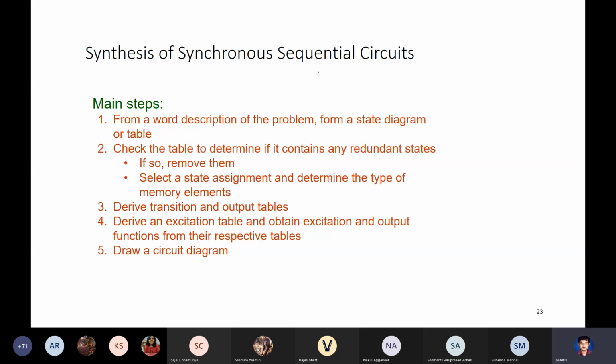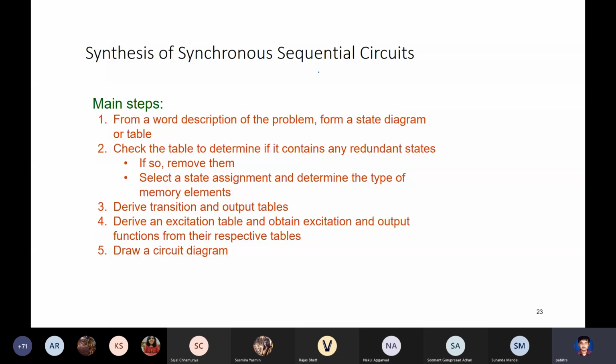Based on this encoding, derive the transition and output table, and depending on what type of flip-flop you are using in memory, create an excitation table from the transition table. If it's a D flip-flop, the excitation table is simple, otherwise it is more complex, depending on the SR inputs and the corresponding output that should be there.